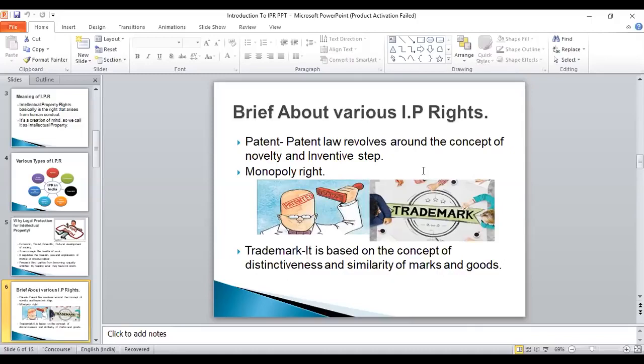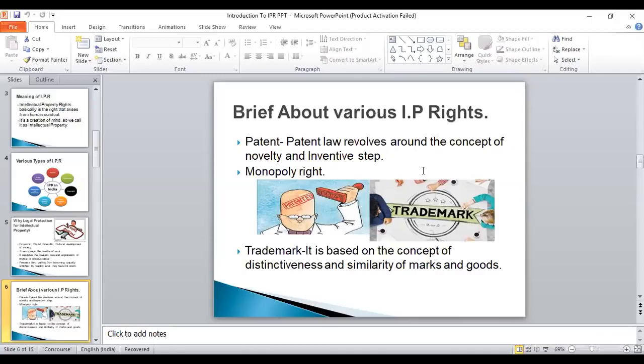Even a logo is a trademark because a logo is a symbol or design used by a company. Puma is a logo. McDonald's, the sign of M, is a logo. It's unique, nobody else can have it. The moment you find that somebody else is using your logo, you could sue him.